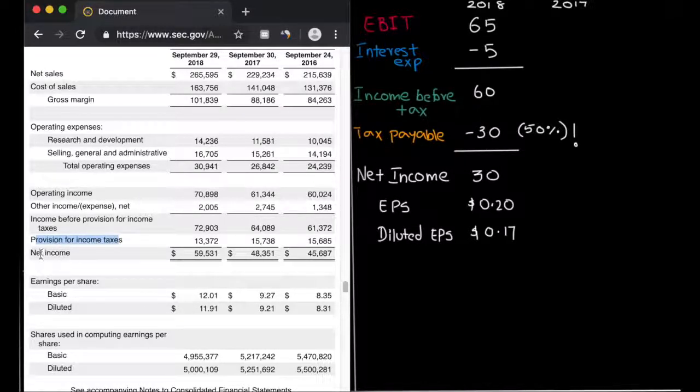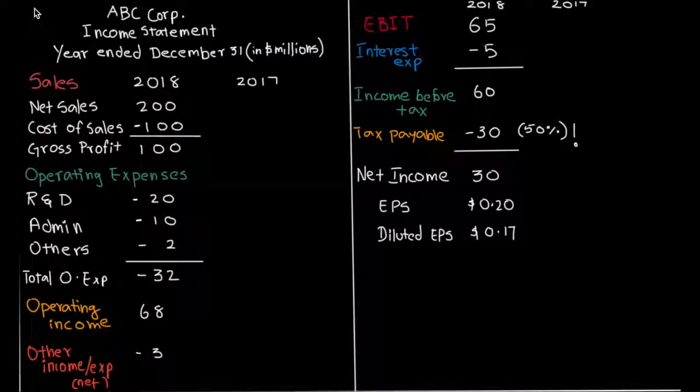Okay. And the net income is net income. Glad that is the same. So earnings per share, basic and diluted, is EPS and diluted EPS. As you see a little bit before down in the web page, you can see the number of outstanding shares has increased for diluted. And that is why the diluted EPS is always lesser than the EPS.